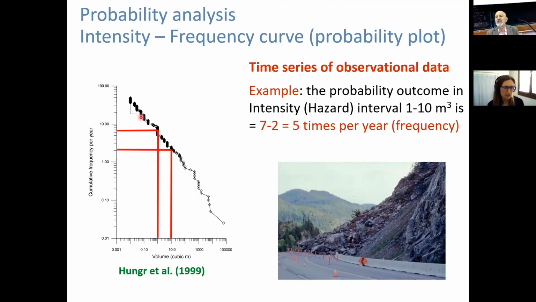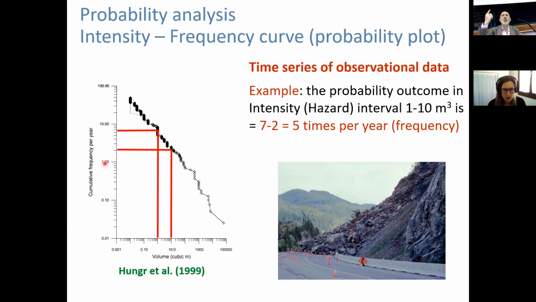So observe this graph. This graph puts in relationship the volume in cubic meters of the mass of rock that is landsliding down to the street. Both axes are in logarithmic scale. In the vertical axis, you have the cumulative frequency per year of these events.